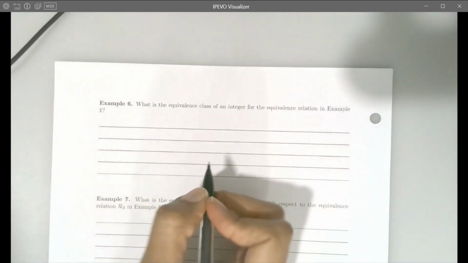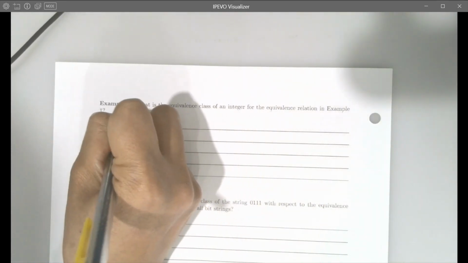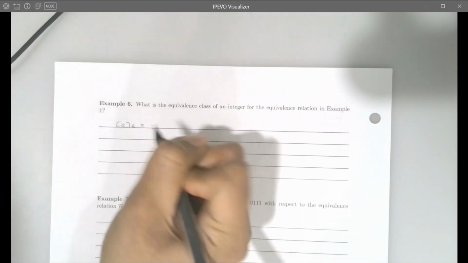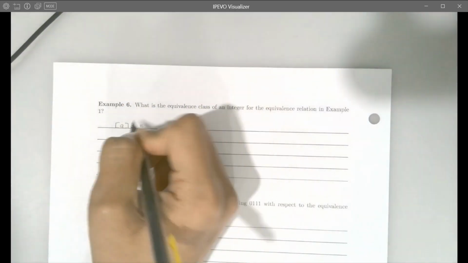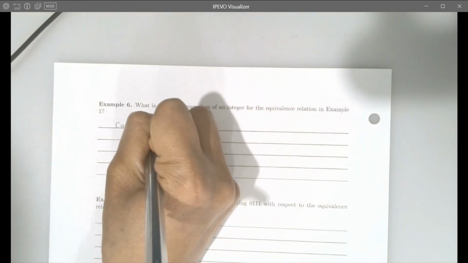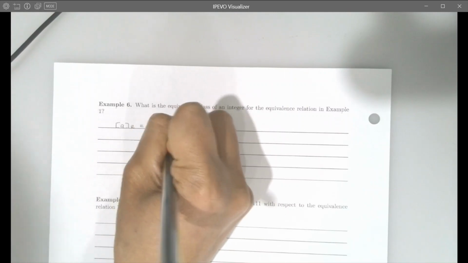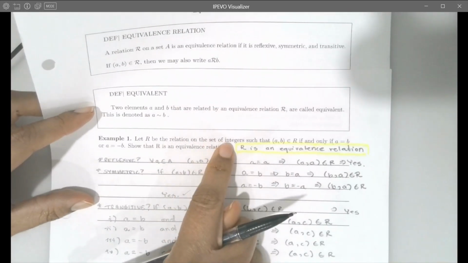Okay, well, again, let's write the definition. The equivalence class of an element a is going to be the set of all elements b that are part of the domain, and in this case the domain was the set of integers.